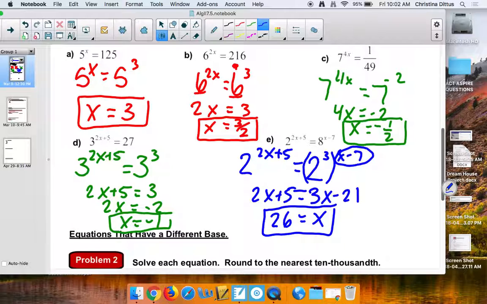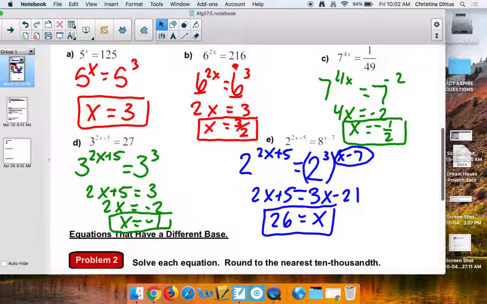Questions on solving with a common base? So you take your negative 21 and subtract this. Yeah, so subtract your 2x from 3x, get x. Add 21 to 5 and get 26. Other questions? Okay. Alright.